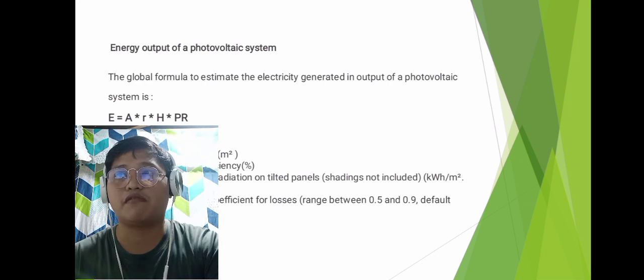And PR is the performance ratio, a coefficient for losses, ranging between 0.5 and 0.9. The default value would be 0.75.